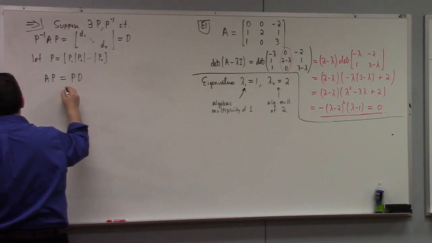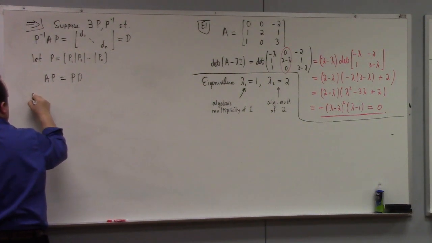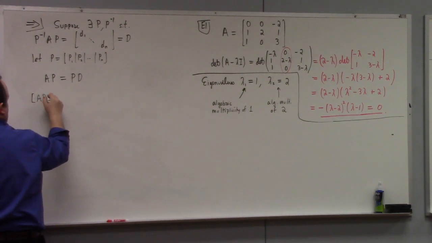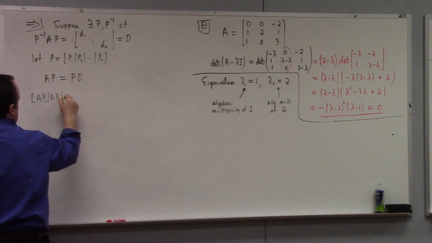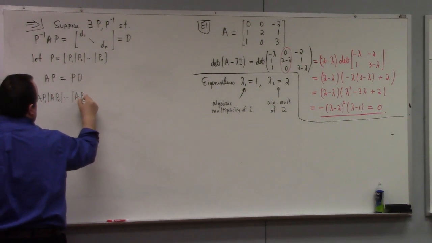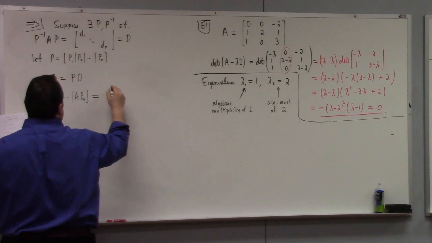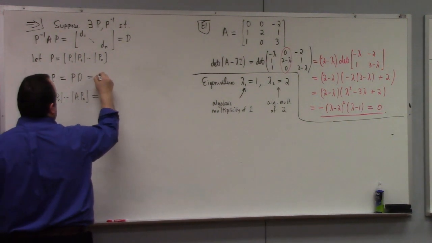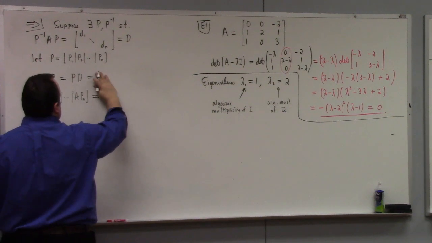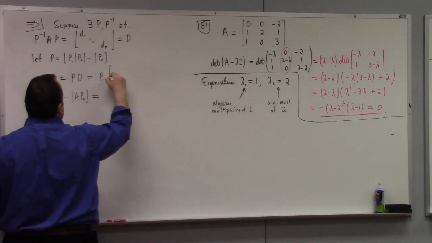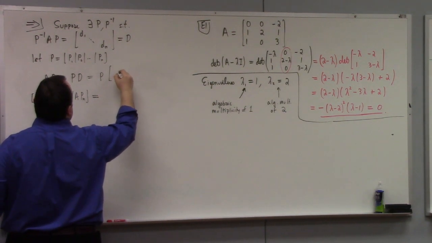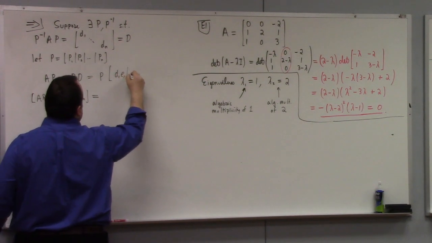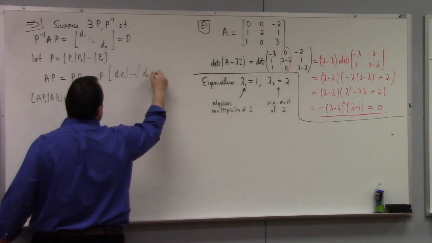But that would give us that AP1, AP2, through APn is equal to what? What happens when you multiply P times this matrix, which is like d1 e1, through dn en?